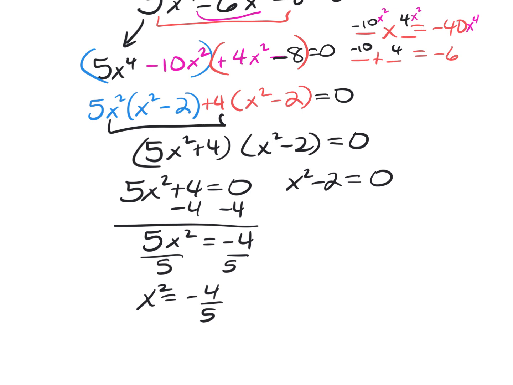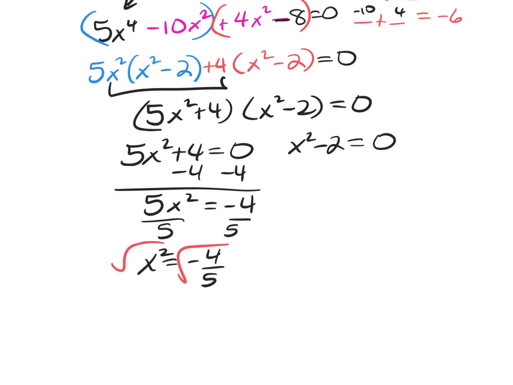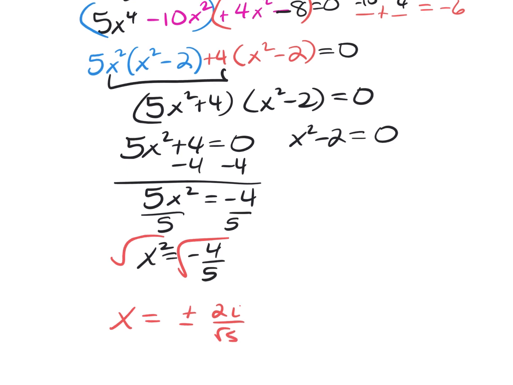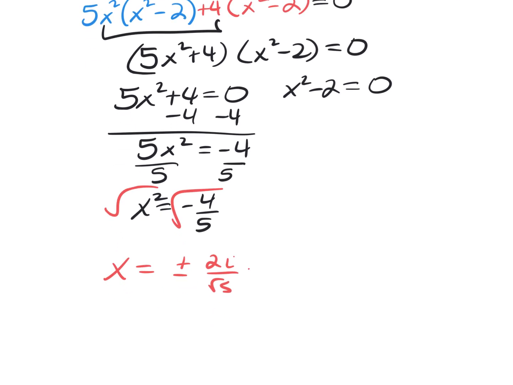Now, I don't want a negative under the radical, so once I do this, I get x is equal to positive and negative 2i over radical 5. So if you had to keep going on this, you would rationalize, and then you would get 2i radical 5 over 5 plus or minus, and then you'd have to plug it in if it asked for all solutions.